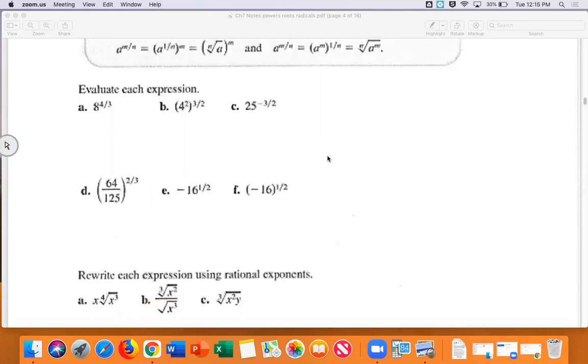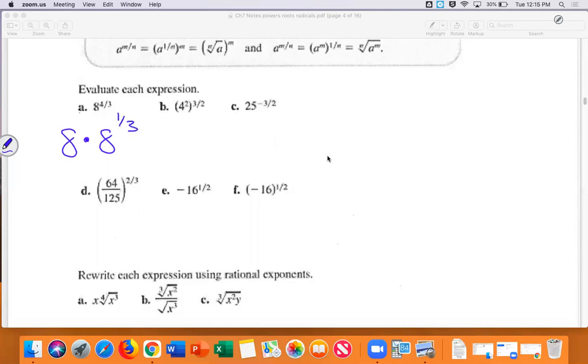Now, if we focus in on A again from yesterday, we have 8 to the 4/3. Why would I want to deal with it as 8 to the 4/3 as opposed to the cube root of 8 to the 4th? Well, I asked myself this: how many times does 3 go into 4? 1 time. So I could rewrite 8 to the 4/3 as 8 times 8 to the 1/3.